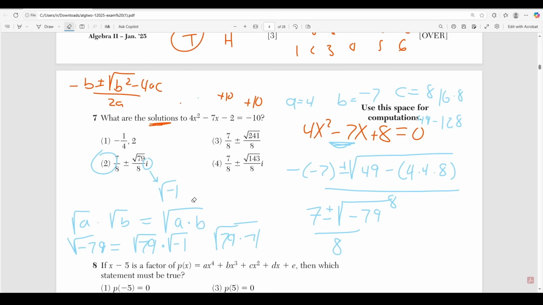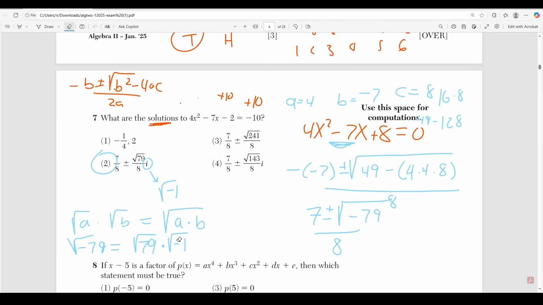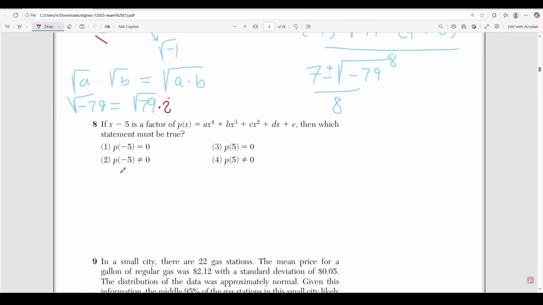But we have to make this legal according to math. We know that this radical negative 1 is actually equal to i, so instead of writing radical negative 1, which gets us in trouble in math, we can just write times i on the outside, and that's how we get choice 2.